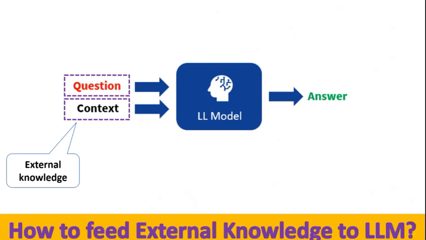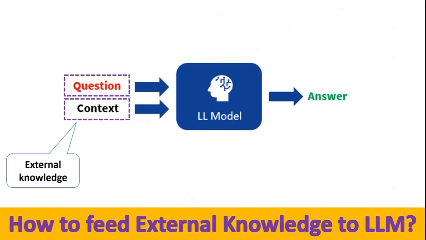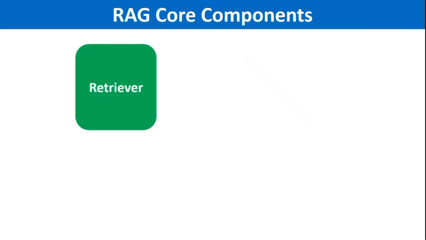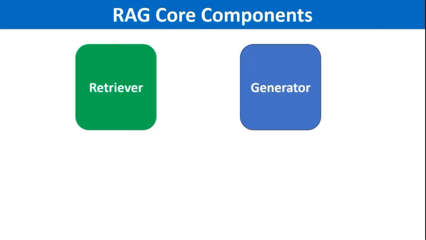tasks. Now the question is how to feed external knowledge to the LLM. To understand how to feed external knowledge sources to the language models, we need to understand the core components of RAG. As the name suggests, there are two core components, retriever and generator.